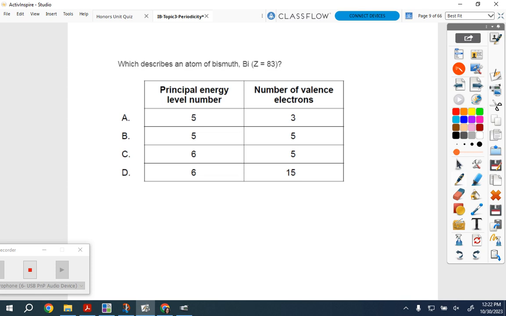Yeah, so this is going to be the period, or the row. And how are we going to figure out the number of valence electrons? Yeah, it's going to be the group, but minus the D block. Right? Okay. So for bismuth, what period is it in? 6.